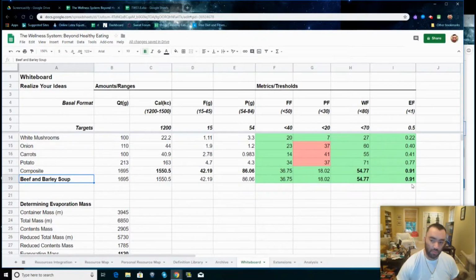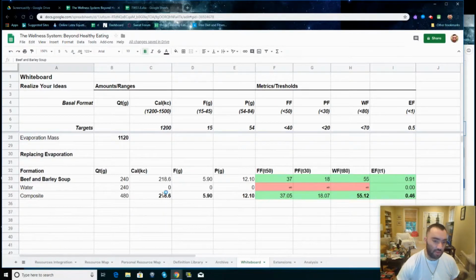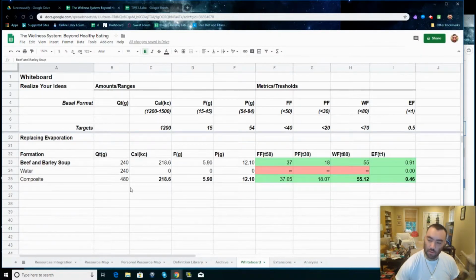So we got this here, and I've copied and pasted here, and then I have tuned it to 1 cup. So we have 1 cup of beef and barley soup, and then we add water, 1 cup of water. And as you can see, the EF goes down from 0.9 to 0.4. And that's exactly what we want.